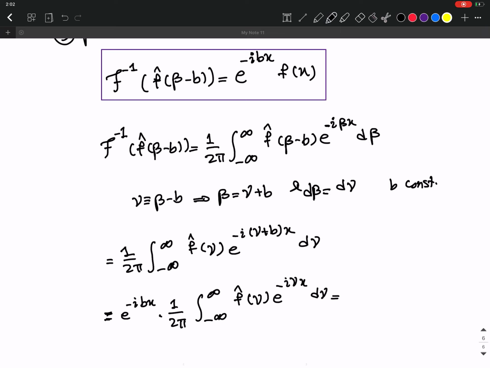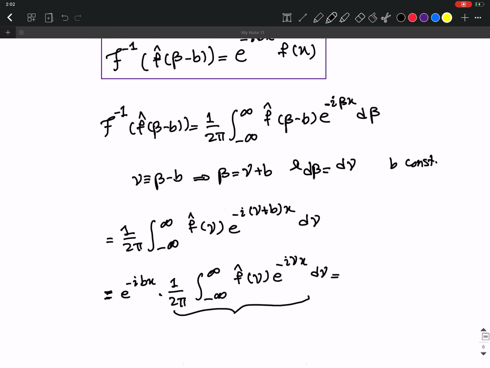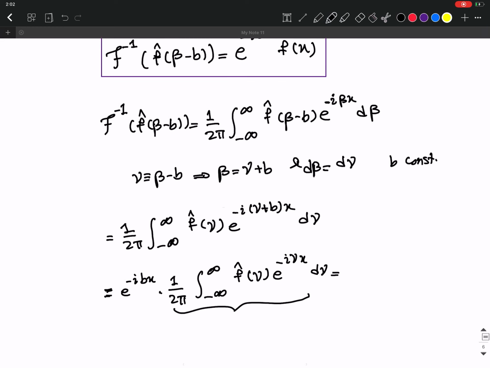And this is what? This is just the inverse formula. So I'm gonna just get back f of x here, if you look at the definitions that we had. So this is gonna lead to e to the minus i b x times f of x in the regular space.